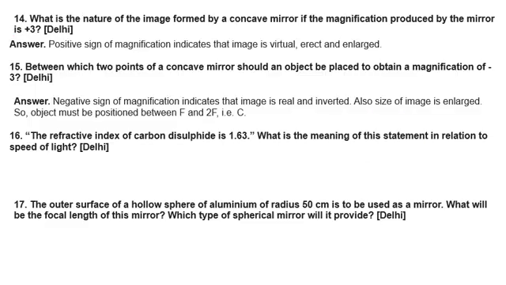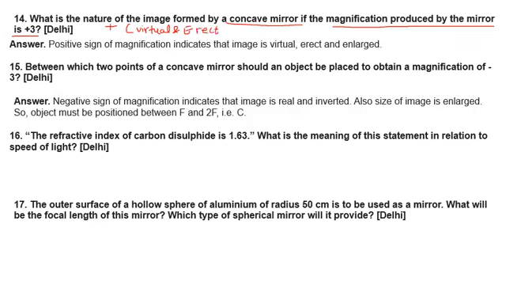Let's do the next question. What is the nature of the image formed by the concave mirror if the magnification produced by the mirror is +3? So this is a magnification problem. The plus sign always stands for a virtual image, and virtual images are always erect or upright.